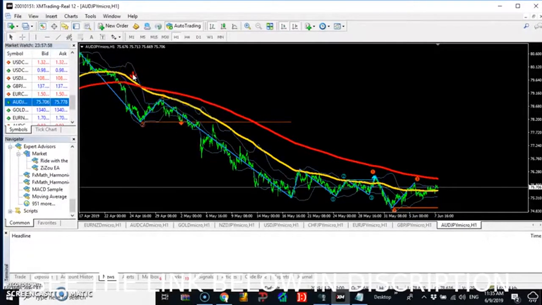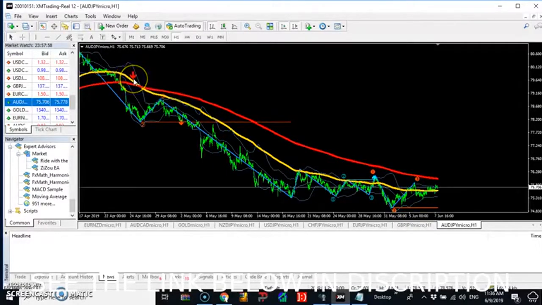We only want the alert of this arrow. Don't worry, I will put the file in this course so you guys can download it. Okay, good.